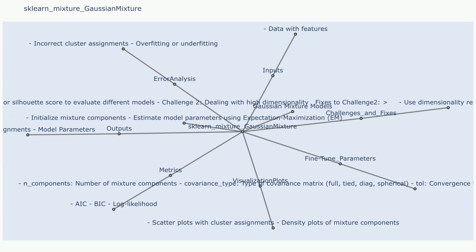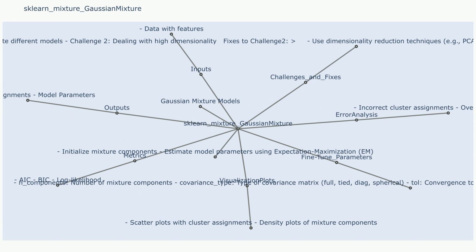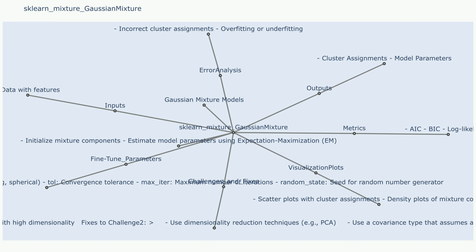Maximization step: the algorithm updates the parameters of each Gaussian component based on the responsibilities calculated in the expectation step. Repeat: the expectation and maximization steps are repeated until convergence, meaning the parameters no longer change significantly.